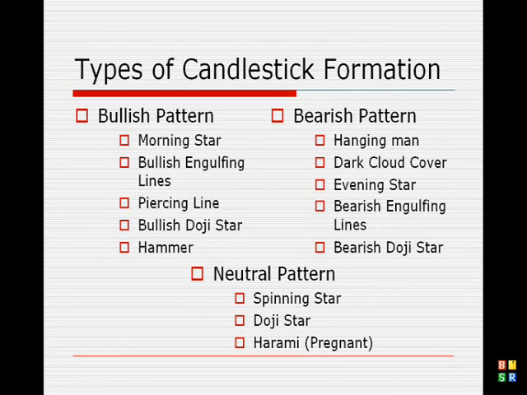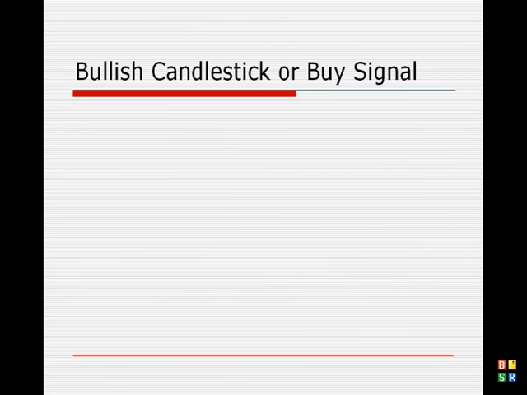There are many of them, but I just want to name a few outstanding formations in each category. For example, candlestick formations that indicate a bullish pattern are the morning star, the piercing line, and the hammer. In bearish patterns, there are the hanging man, dark cloud cover, evening star, and bearish engulfing lines. And neutral patterns include the spinning star, doji star, and harami.